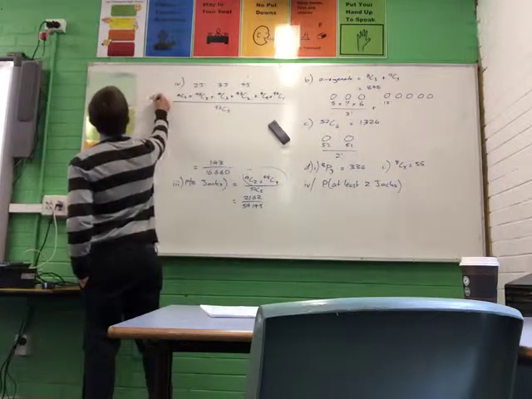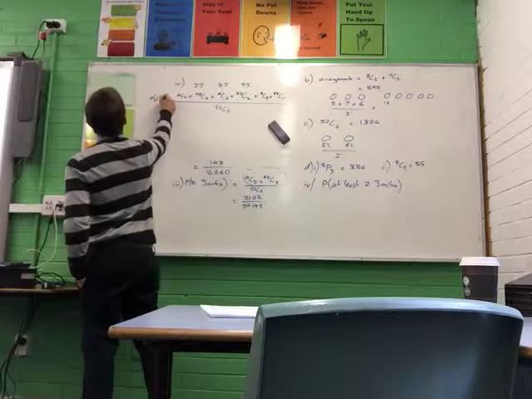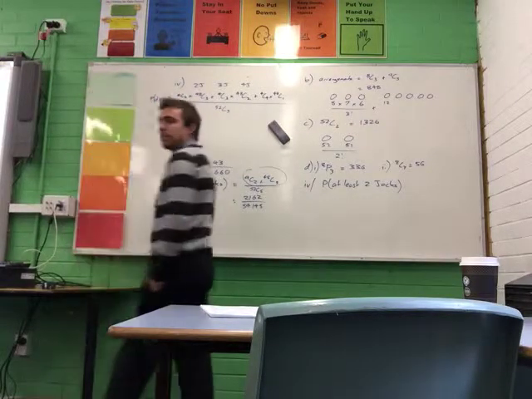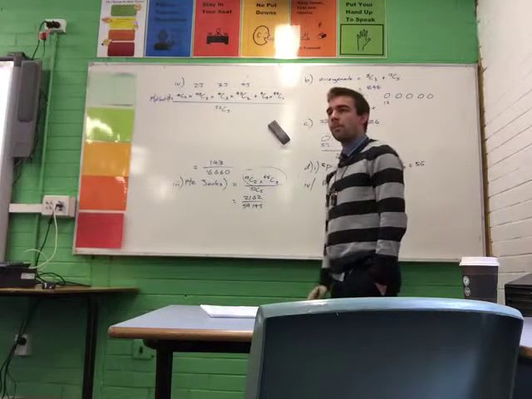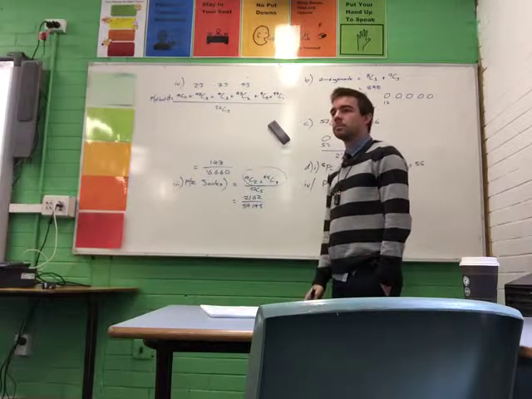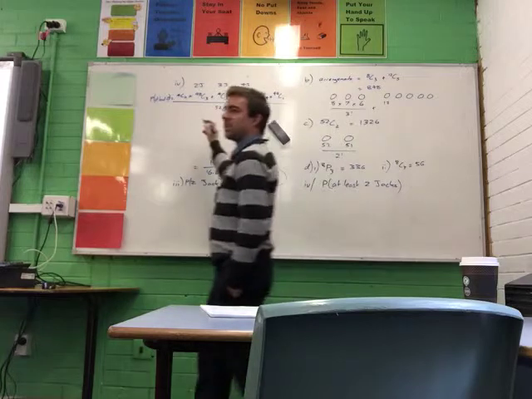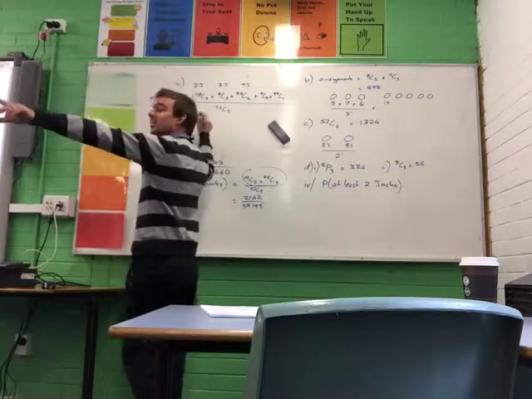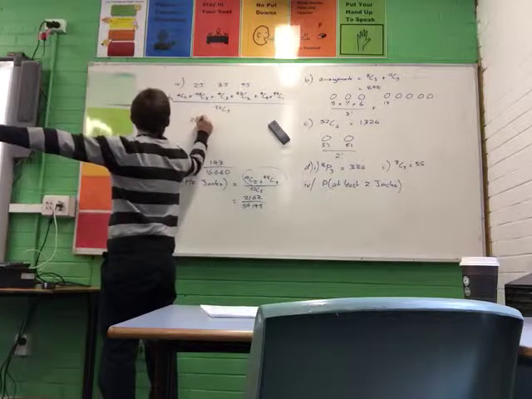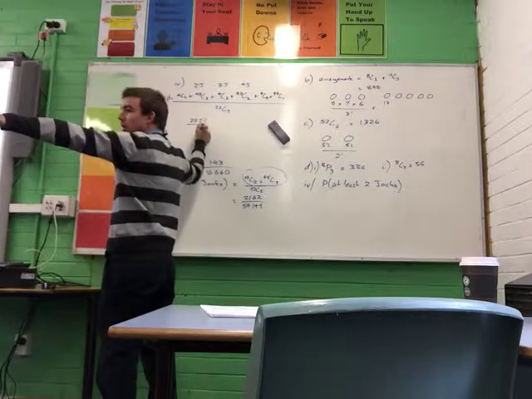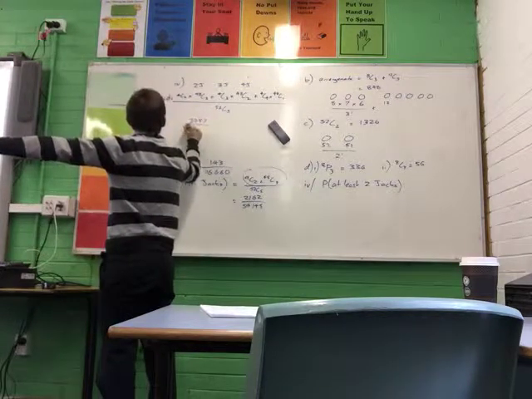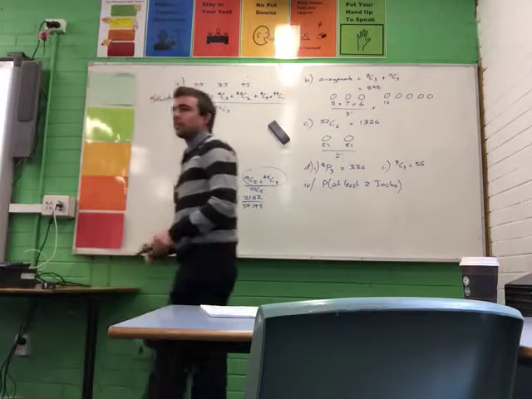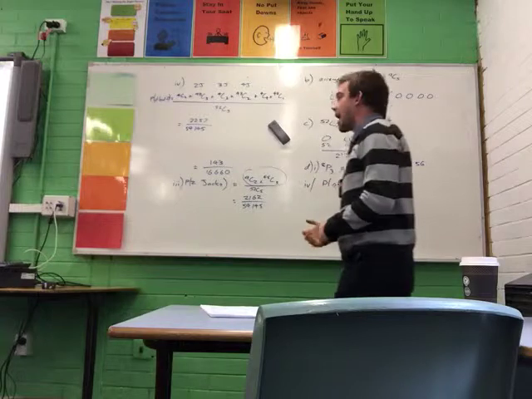So the probability of at least 2 jacks equals that, which equals what? Digit by digit, please. 2257. Hang on, 2257 over 54145. Yeah, it is.